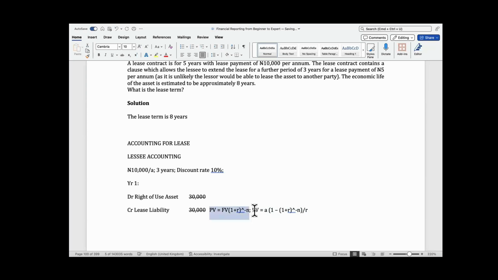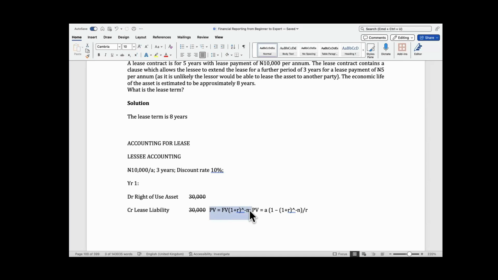The reason is that this one is the right one because we are dealing with annual equal amounts. When you have annual equal amounts, it's better to use this formula to get your present value. You can use the other too, but it's not advisable, especially when you have longer years, because you have to do it year after year. The other one is suitable where you just need the present value of a single future value.